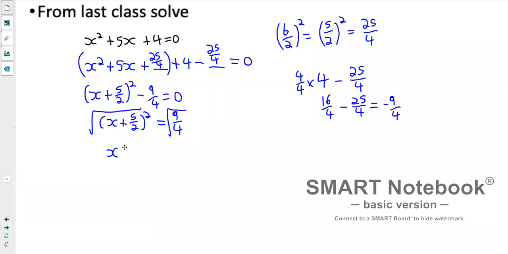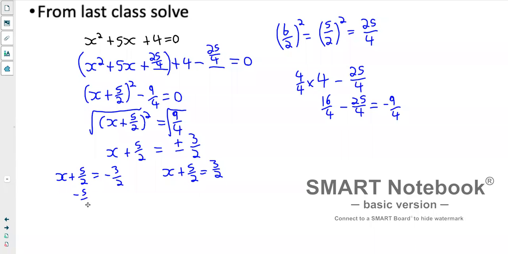So that gives us x plus 5 over 2 is equal to plus or minus, we can take the square root both ways, so plus or minus 3 over 2. So I'll split that into two equations. So we have x plus 5 over 2 equals negative 3 over 2. And we also have x plus 5 over 2 is equal to positive 3 over 2.